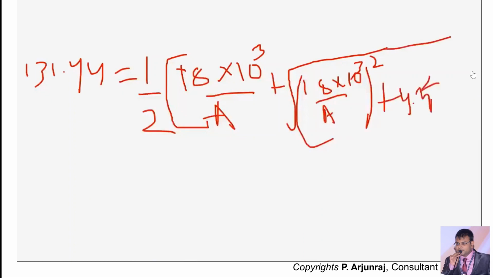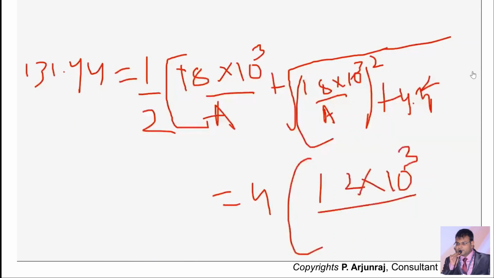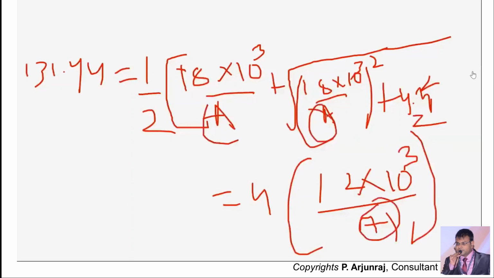So you know tau xy is nothing but 12 into 10 power 3 by A, the whole square. So everywhere you have A here, A here, A here.